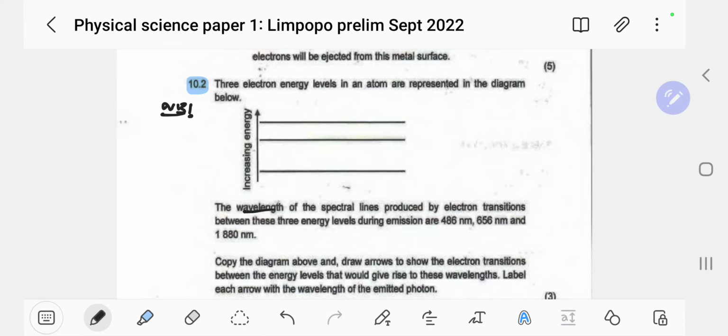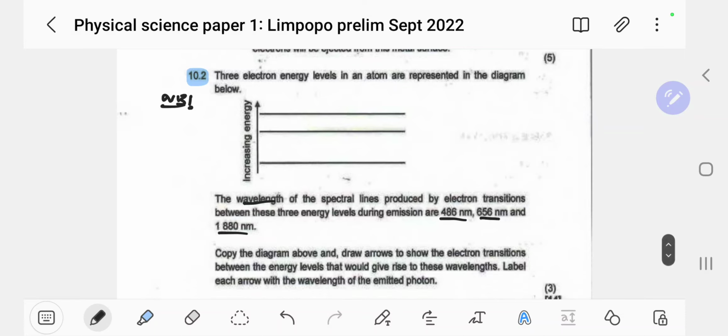Now we're told here the wavelength of the spectral lines produced by the electron transitions between these 3 energy levels during emission is 486 nanometers, 656 nanometers, and 1880 nanometers. So the question is, which one is bigger?